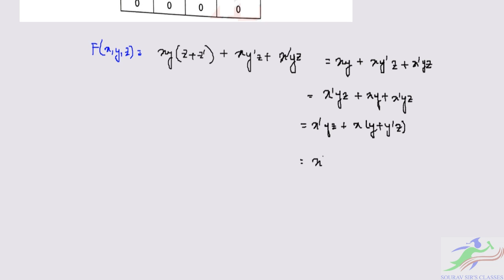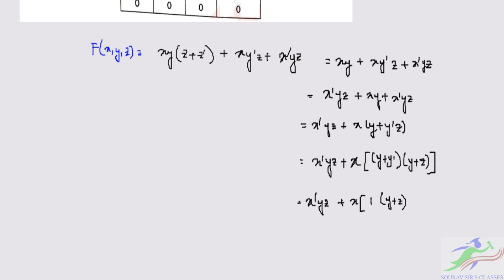Then we can write it as x bar yz plus x multiplied by y plus y bar into y plus z. So y plus y bar z can be written in this product form. This is equal to x bar yz plus x times 1 times y plus z.